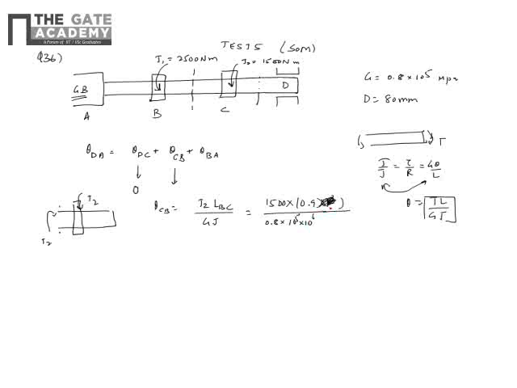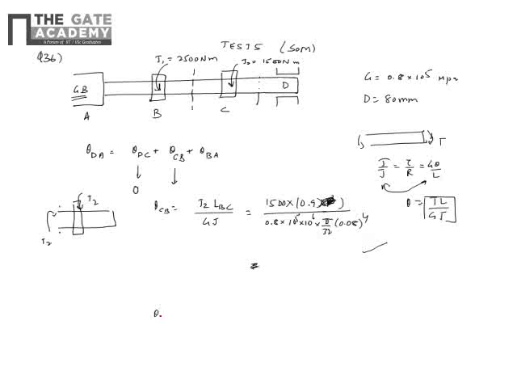So everything I am converting into meters. J is pi by 32 times d power 4, diameter is 80 mm, so 0.08 power 4. If you calculate this value, theta CB will come out. We will do all the calculations later. So this is theta CB.